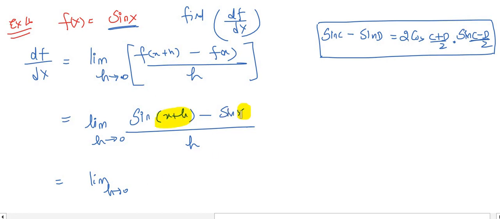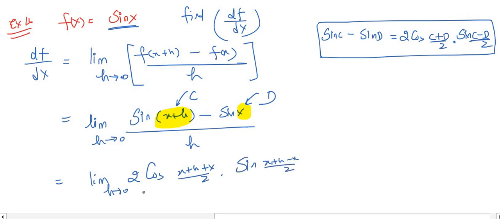I am applying sin c minus sin d. So 2 cos of (x plus h plus x) by 2 into sin of (x plus h minus x) by 2, divided by h.